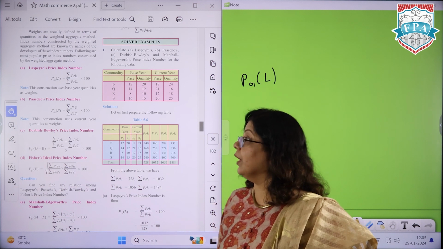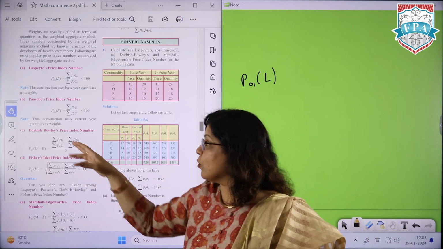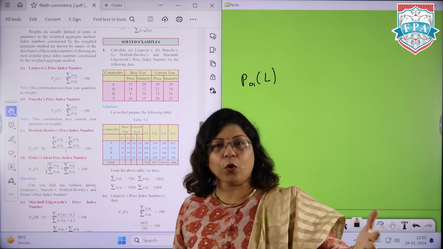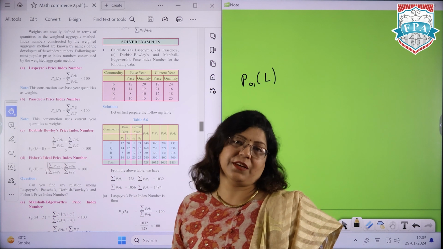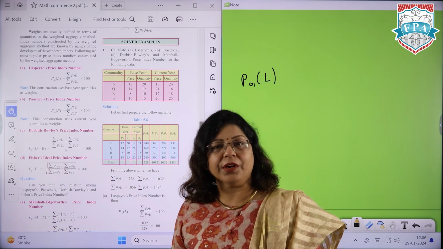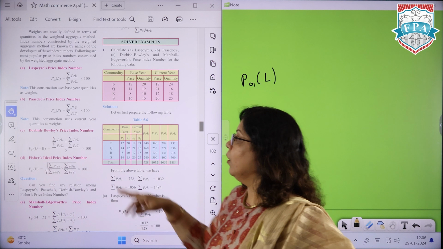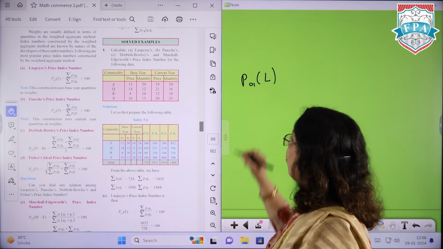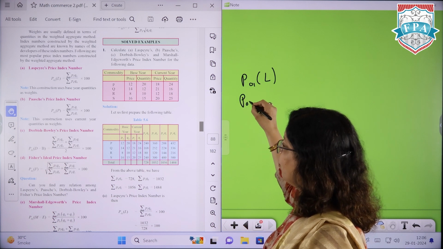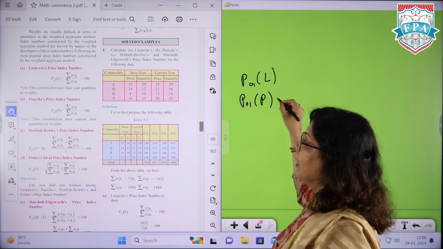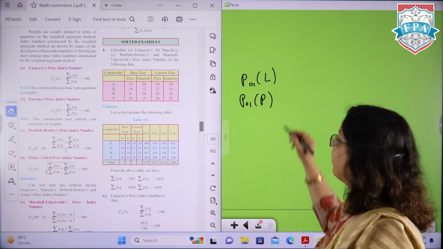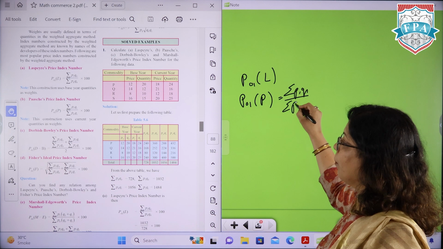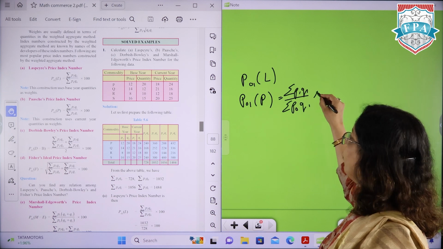The second one who did the next method, that was by Paasche. Now Paasche thought कि जब हम base year quantity को importance दे रहे हैं, why can't we get the price index using the current year quantity? So he gave another formula which was dealing with Q1 as the weights. So Paasche we denote again in the bracket P, and the formula actually goes as sigma P1 Q1 upon sigma P naught Q1 into 100.